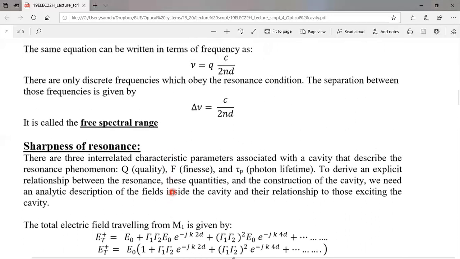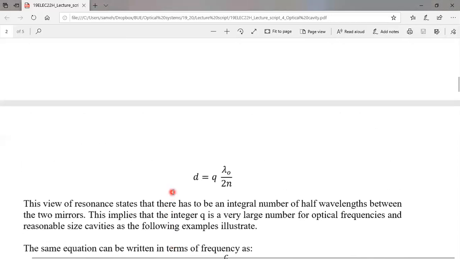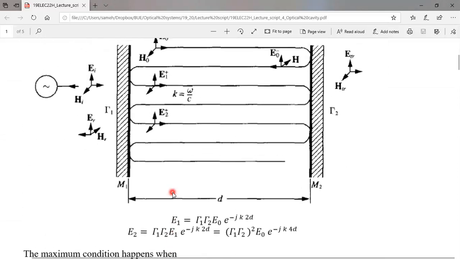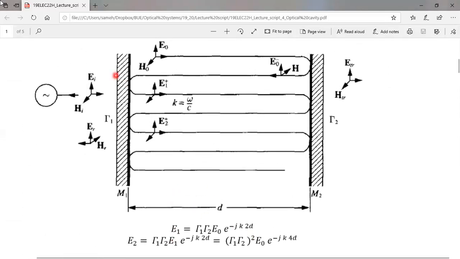Now let's turn back to the optical cavity. If you remember, I said that the first incident light is called E node. This E node will propagate on one trip.